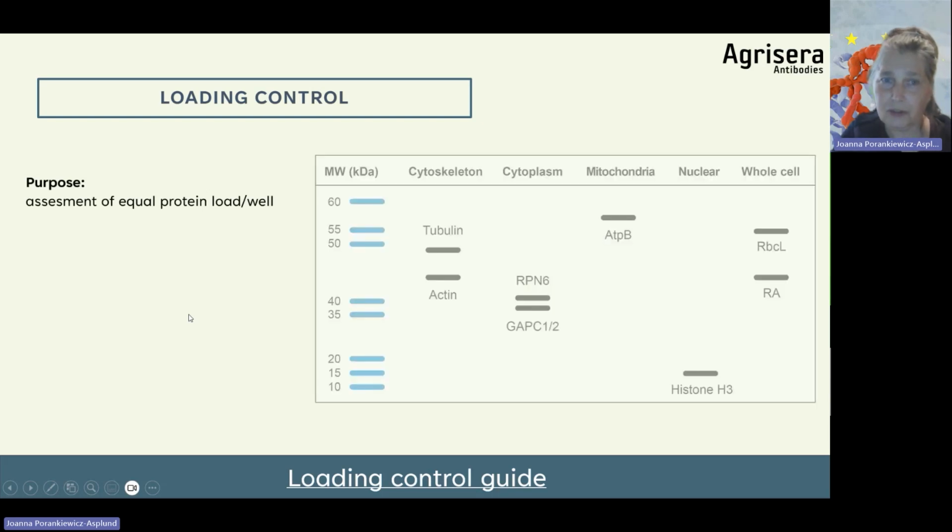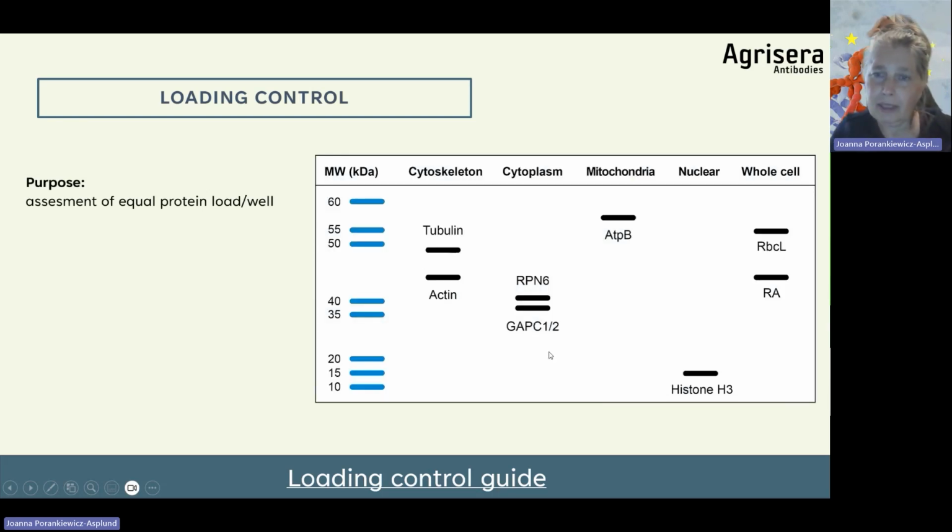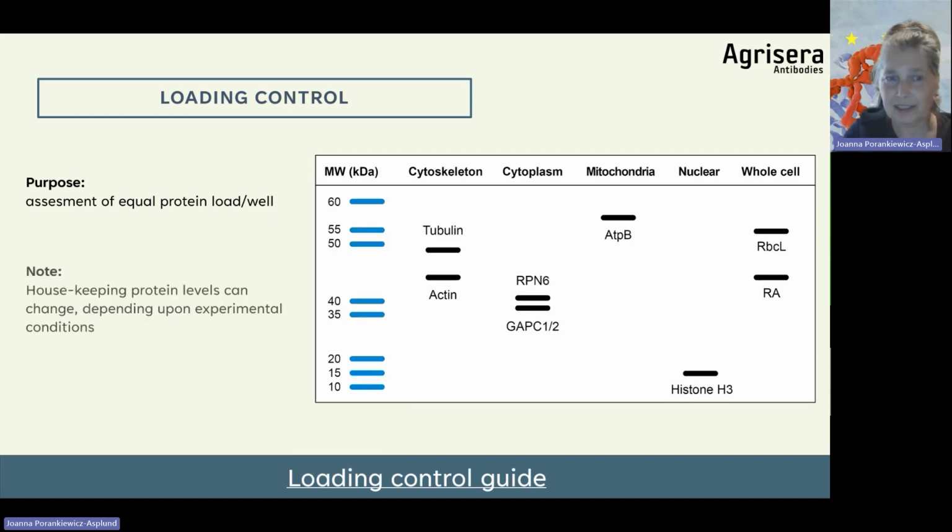And to mention loading controls, which you're using, they are quite universal for both plant and mammalian samples. Of course, Rubisco is specific for plant samples, but otherwise histones, actin, and tubulin may be used as loading controls. However, I would like to remind you that the loading control cannot be determined a priori, without conducting the experiments, because in certain conditions, actin levels may change, for example during stress.